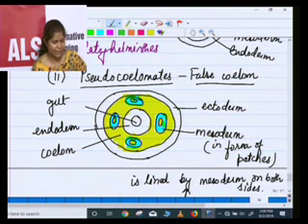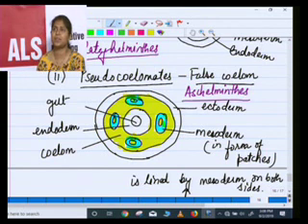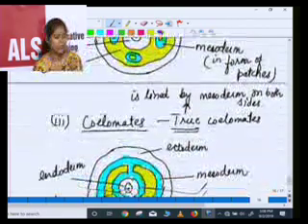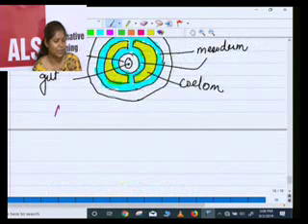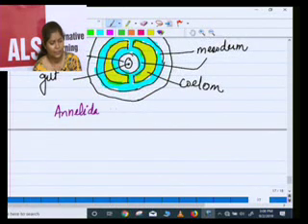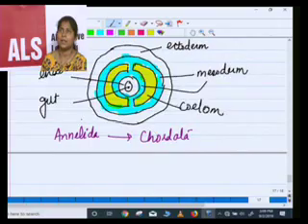The only phylum which is pseudocoelomate happens to be Aschelminthes, and the rest of the phyla, that is from the Annelida to Chordata, without any exception, is having true coelom.